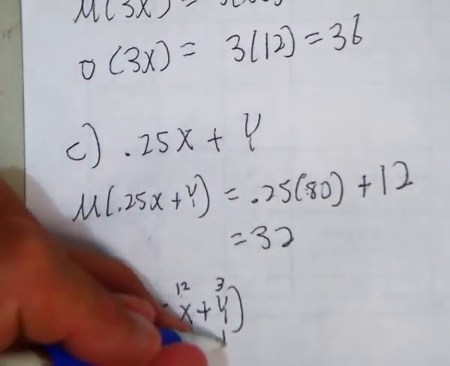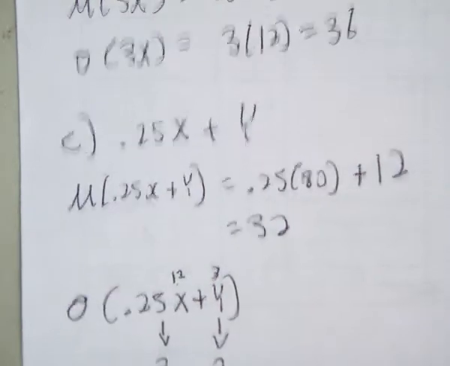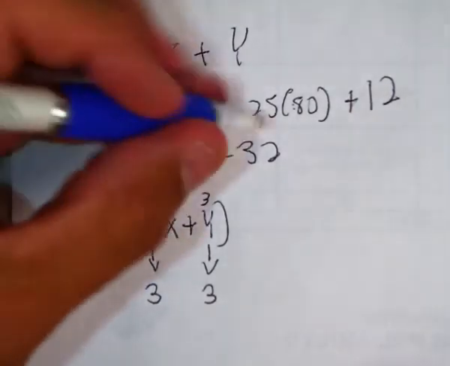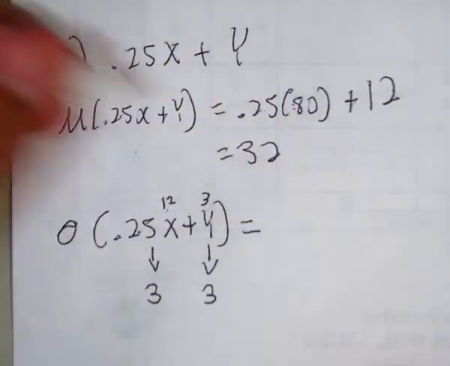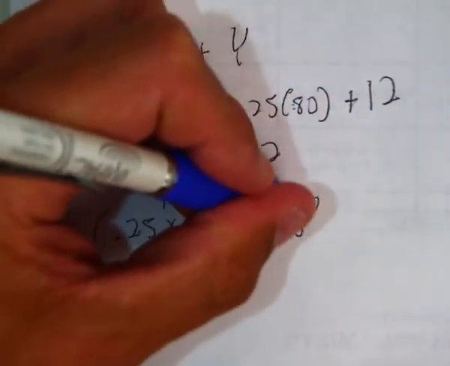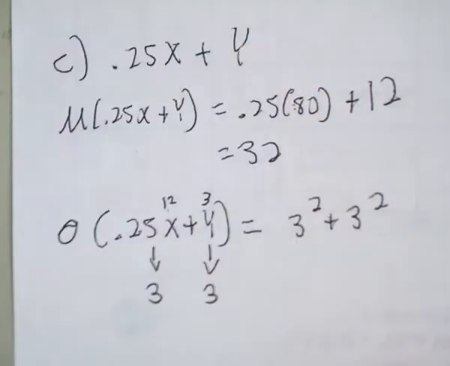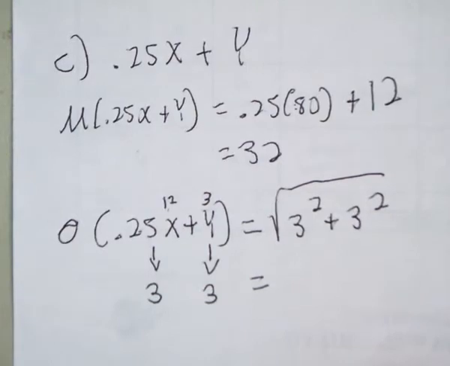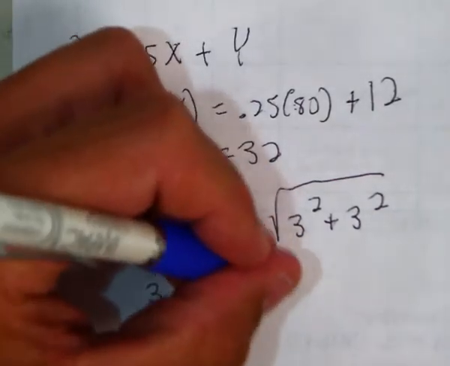And the standard deviation of y is 3. So those are the 2 standard deviations I'm going to use. So the standard deviation is going to equal the square root of variance plus variance. Okay, 3 squared plus 3 squared, take the square root. And if you do that out, you're going to wind up with 4.24.